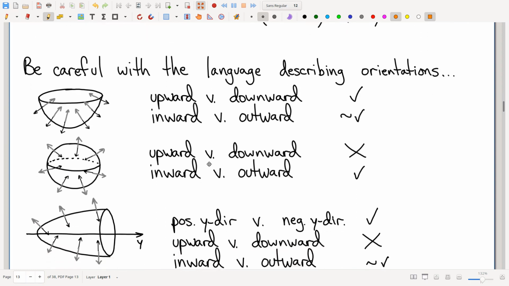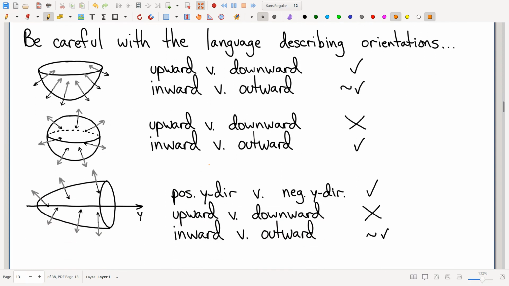Okay, now let's talk about the language. How do you describe these orientations? This is unavoidably sloppy language. There's no way around it that I'm aware of. And here's the reason why.